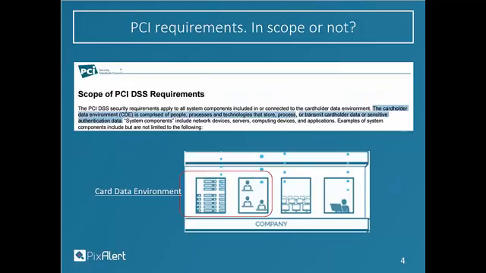When we talk about scope in regards to the PCI DSS standard, we are referring to what is included in a company's cardholder data environment, what they call the CDE. The cardholder data environment is comprised of people, processes, and technologies that store, process, or transmit cardholder data.